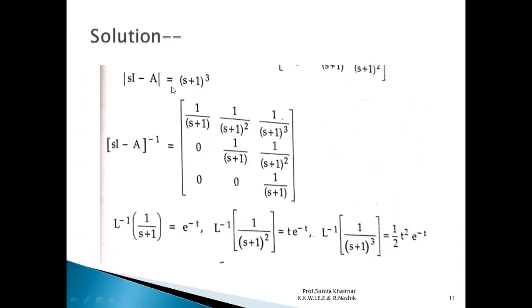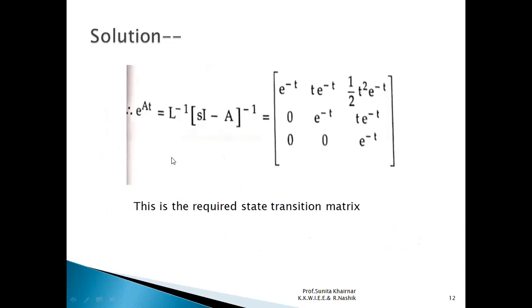So the modulus of (sI minus A) is equal to (s plus 1) cube, and we will find (sI minus A) inverse like this. So Laplace inverse of 1 upon (s plus 1), you know, is e raised to minus t, and applying all this, we will get the Laplace inverse of 1 upon (s plus 1) cube as this. Clear? And hence our answer is e raised to At is equal to Laplace inverse of (sI minus A) inverse, and this is our answer, which is known as the state transition matrix.